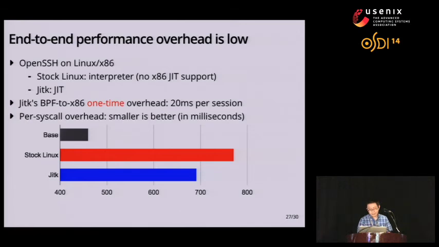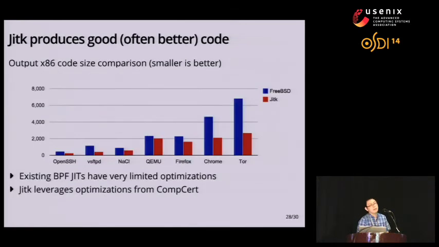To understand how this happens, we also inspected the assembly code generated by Jitk. We chose a bunch of BPF programs collected from a lot of applications. Then we ran Jitk and existing kernel JITs, and compared the code size.